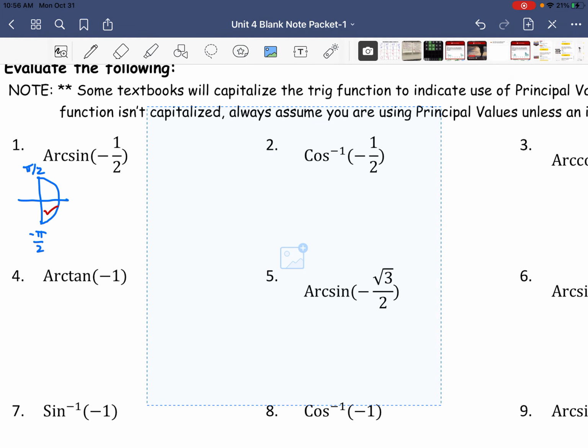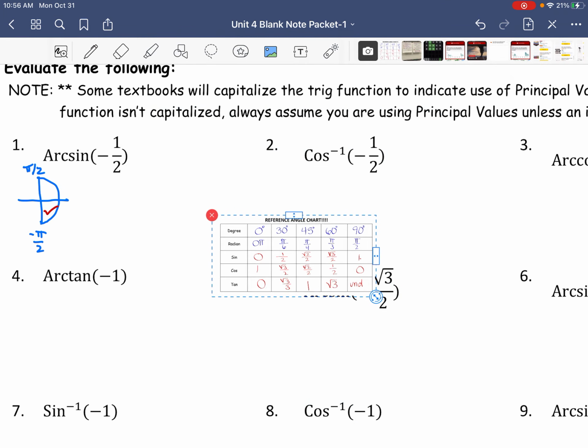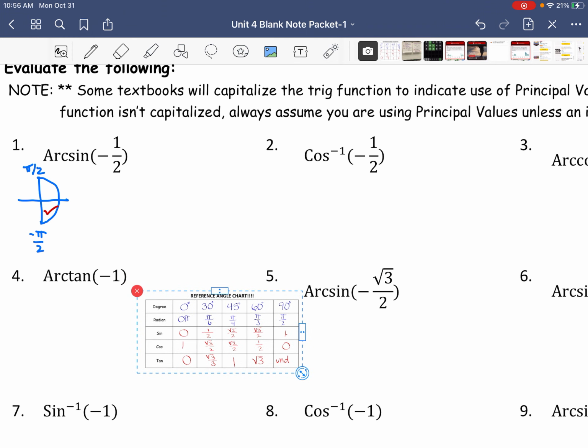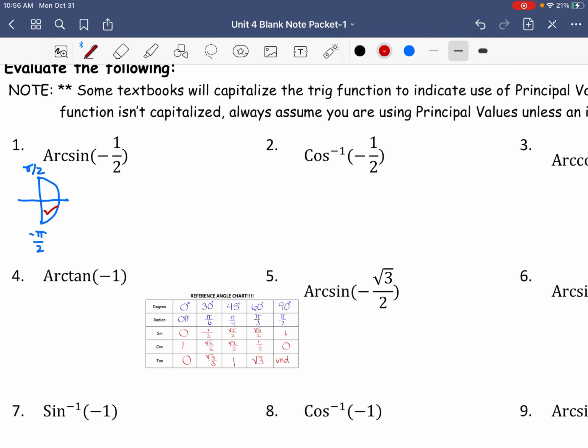So my answer is going to be an angle, and it's going to be in quadrant 4. You need to have your reference angle chart. I got a mini one right here. There's our reference angle chart. And my reference angle is pi over 6, right from the chart. My answer is not pi over 6, because that's in the first quadrant. Some of you might be thinking, oh, I know, 11 pi over 6.